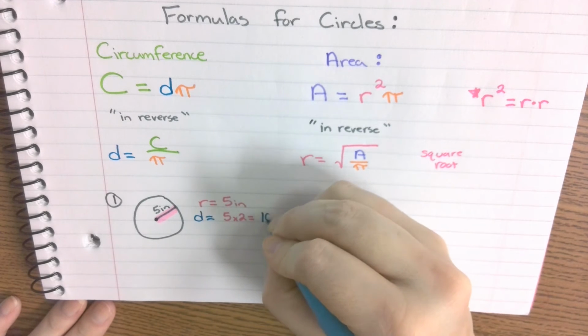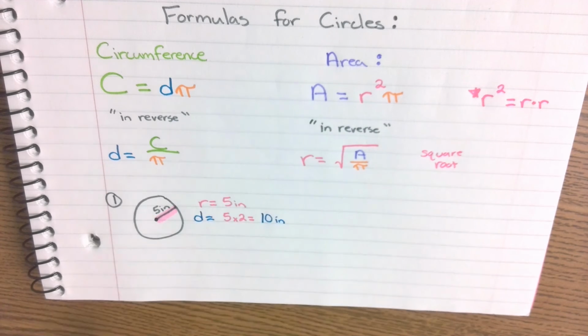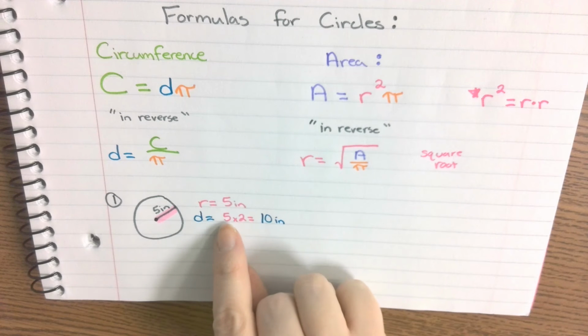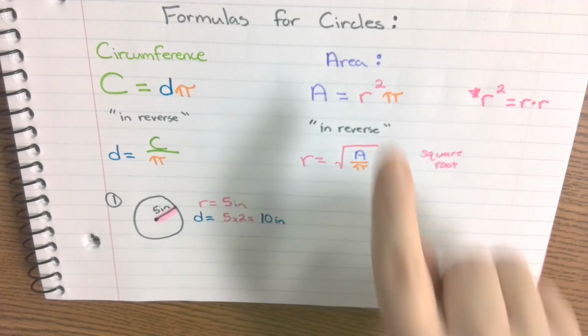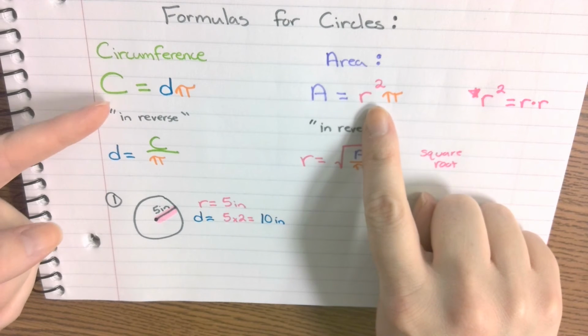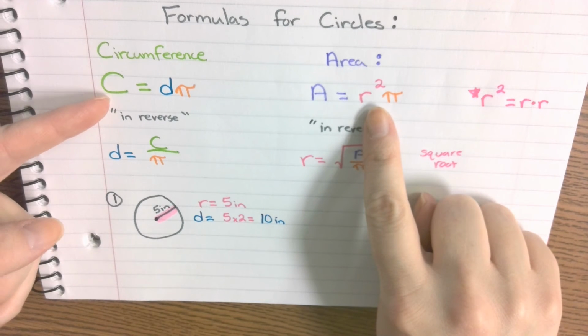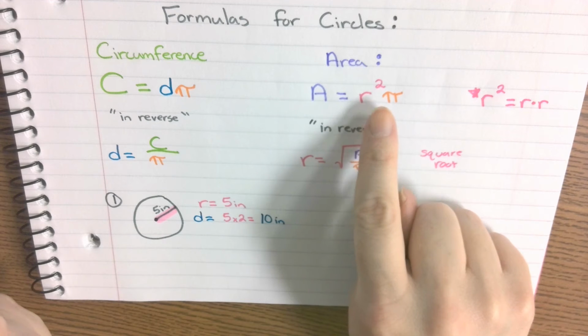The diameter is 10 inches. The diameter is double the radius. Now, I know the radius, I know the diameter. I can take those pieces of information and plug them into my formulas. Circumference just needs diameter. Area needs the radius.